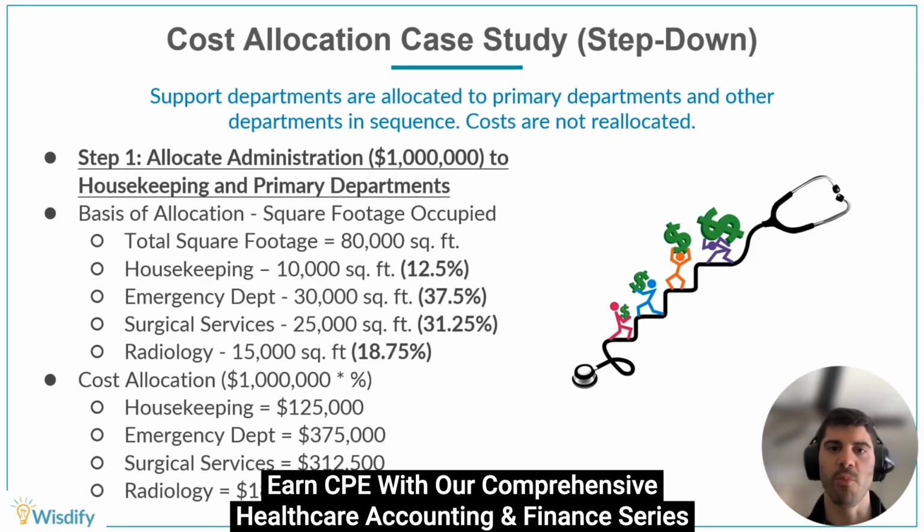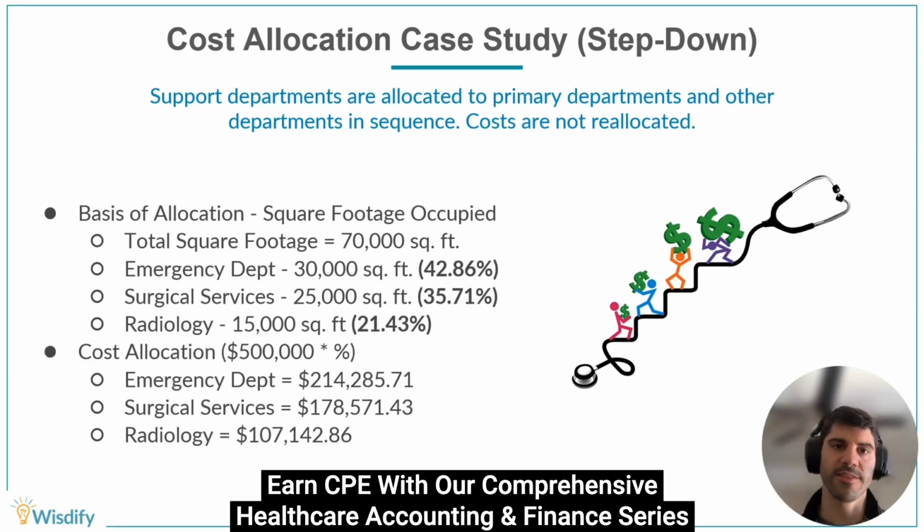But this time, we're going to multiply the 1 million, the admin costs, by those percentages that we calculated above. So now, housekeeping's total cost is $625,000, and we arrive there by adding the initial $500K that we identified, and we're also adding that additional $125,000 of cost that now gets allocated from the admin department.